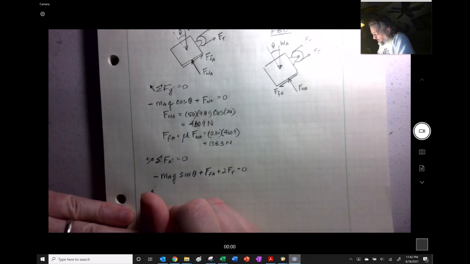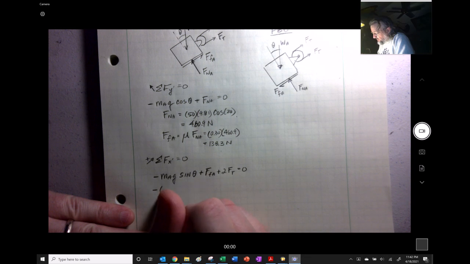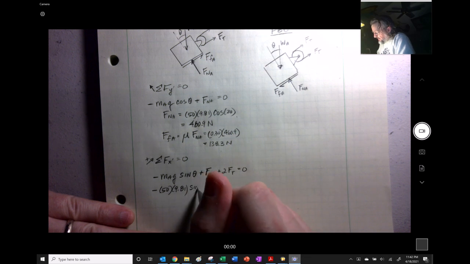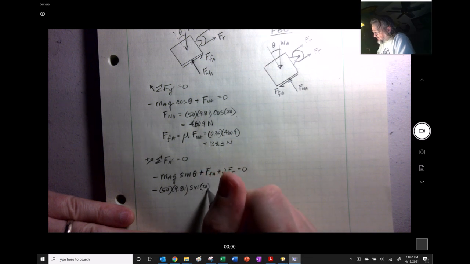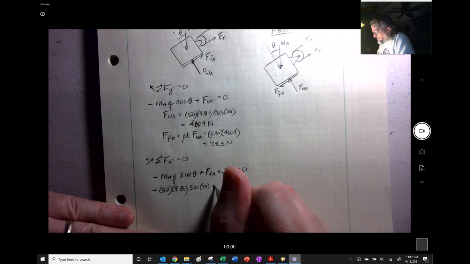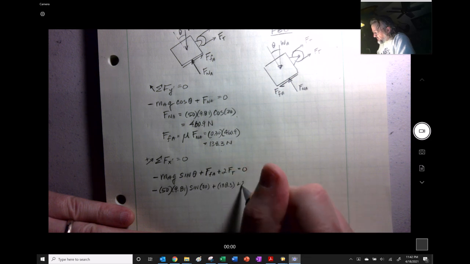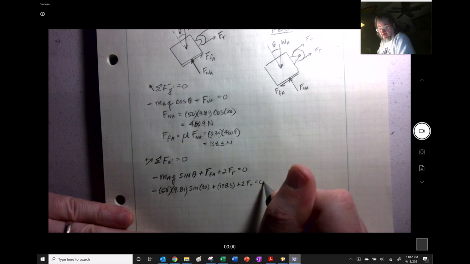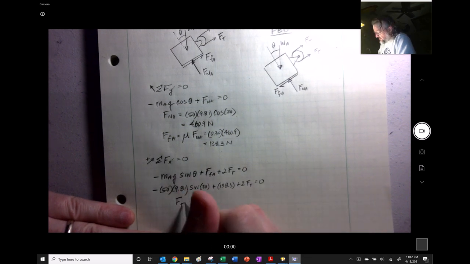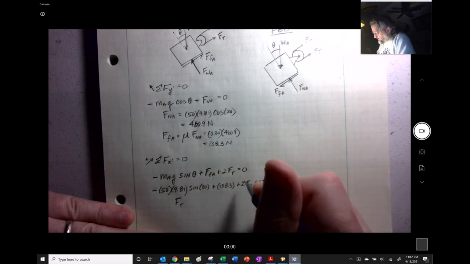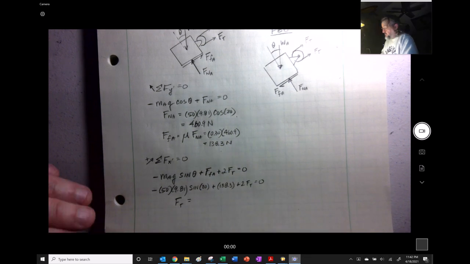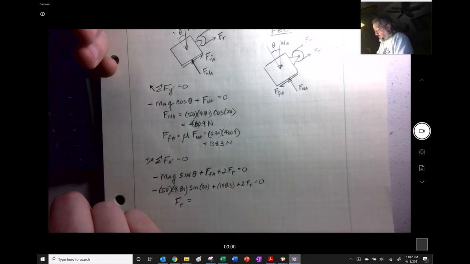So I'm going to have a negative 50 times 9.81 times the sine of 20, plus 138.3, plus 2FT equals 0. And I'm going to have FT equal to, it better be something good here.